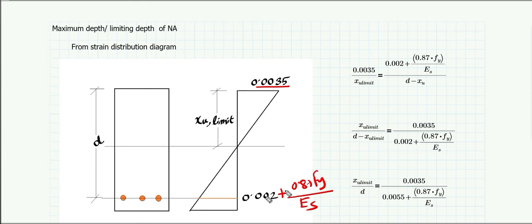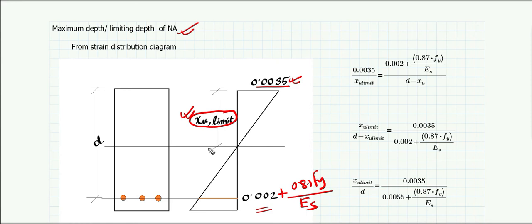This is the strain in the steel, and this is the maximum limiting strain in the concrete. As everything is limiting, we replace xu with xu limit, the maximum limiting value. Beyond this depth, the neutral axis cannot fall.